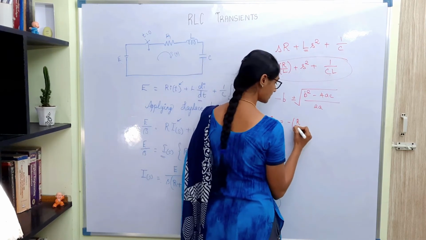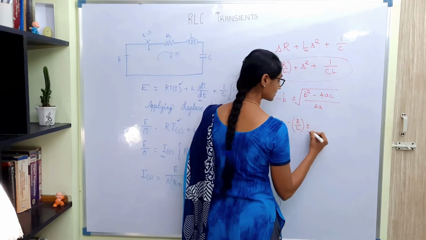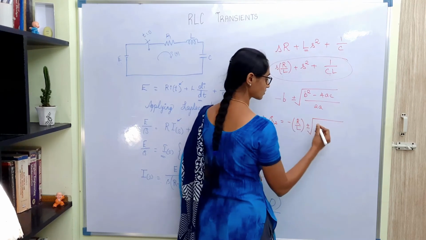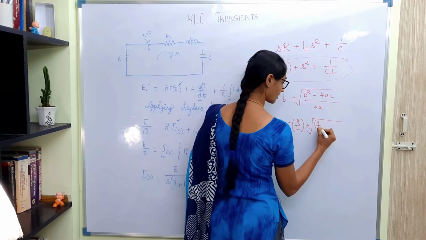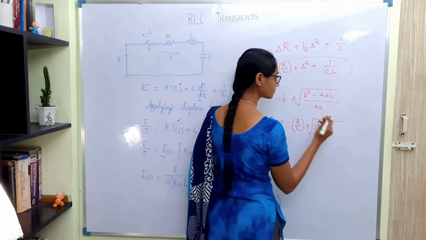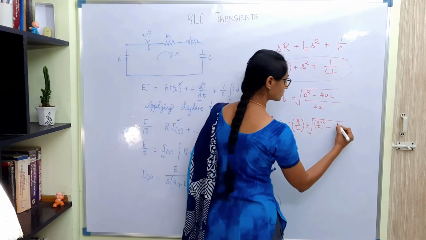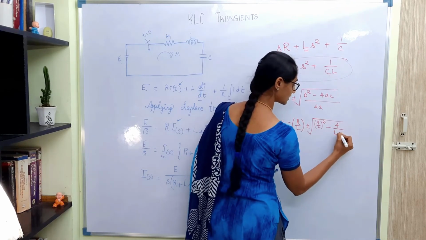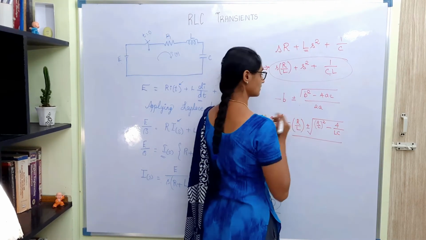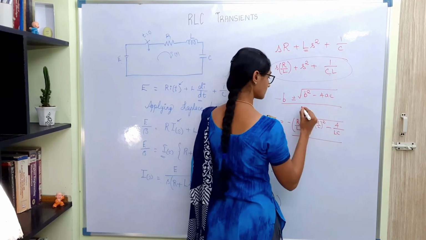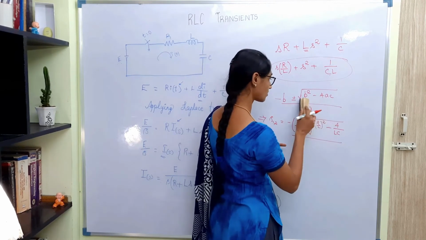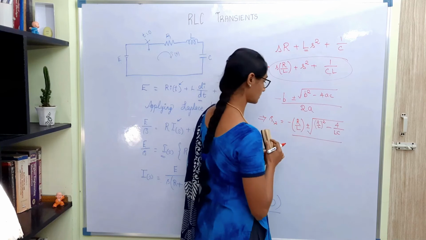which is minus of r by l, plus or minus the square root of b square, r by l whole square, minus 4ac, 4 times 1 times 1 by LC, which is 4 by LC, divided by 2a, which is 2. This is common to the entire term.